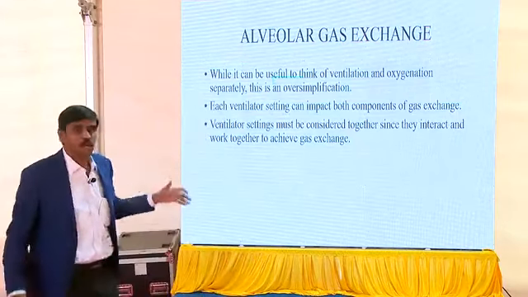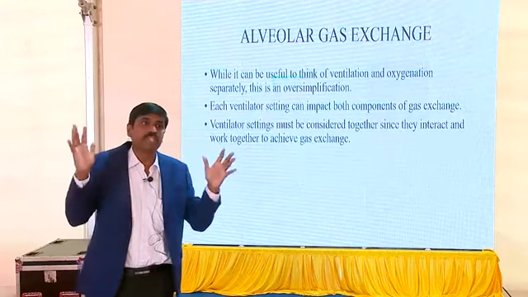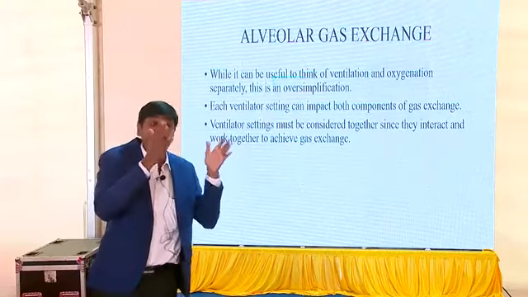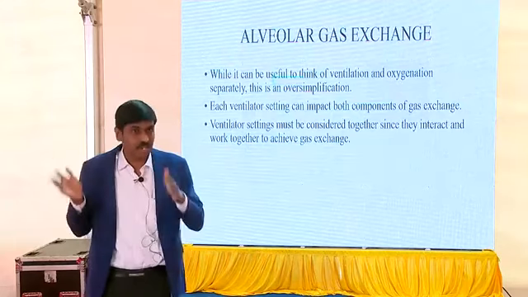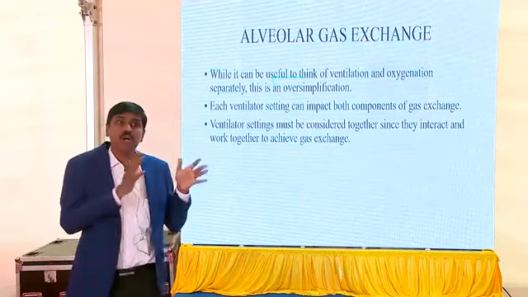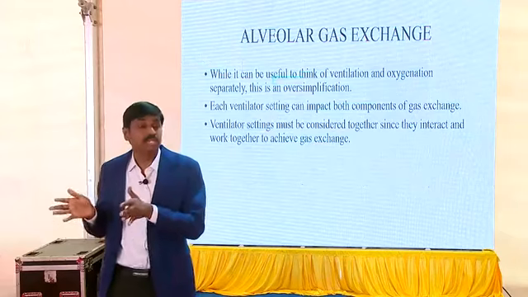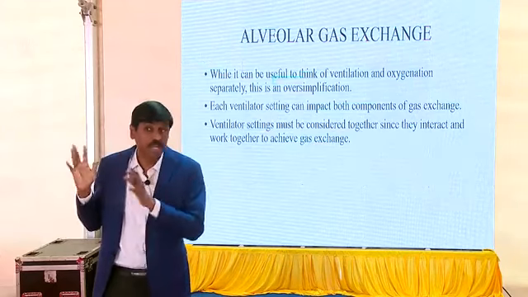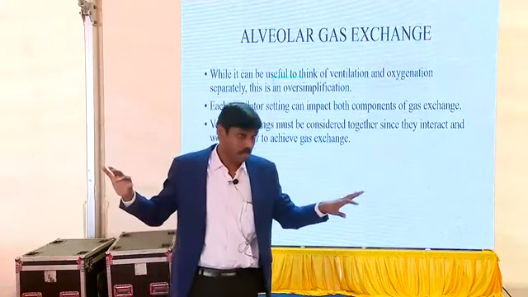Okay, so coming on to alveolar gas exchange, ultimately oxygenation is separate, and carbon dioxide elimination is separate. What we call as medical paralysis is carbon dioxide elimination. Oxygenation is ensuring the oxygen reaches the baby, whereas ventilation is more about carbon dioxide elimination. Now, do we try to separate it?